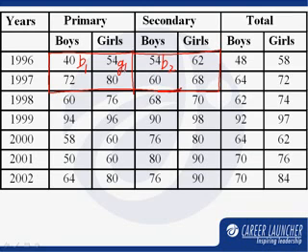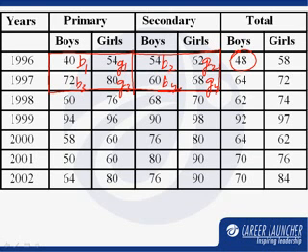Similarly, these are G1 and these are G2. This is B3 and B4, and correspondingly this is G3 and G4. Now, we know the average of this also.